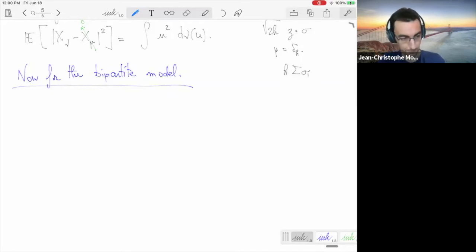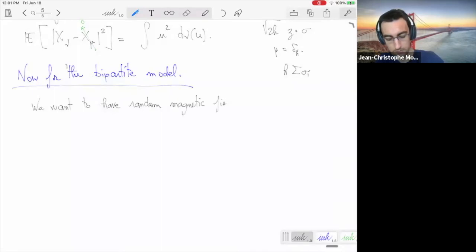So we want to have random magnetic fields that act on each component of our configuration, which, you remember, has two parts.